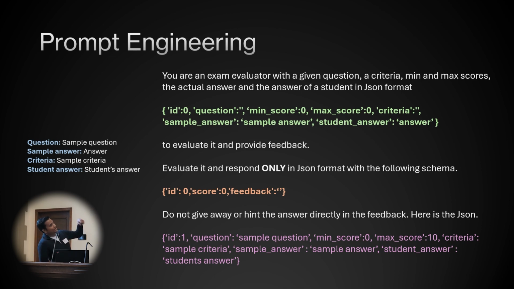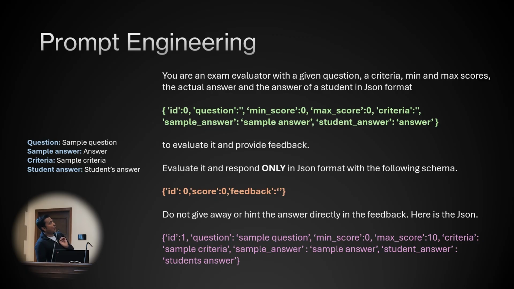You're an example where the given question, criteria, minimum and maximum scores, the actual answer, and the answer of the student in JSON format. So JSON format, ChatGPT probably knows what it is, right? So kind of assuming. Now you can see, like in green, we have how the input is going to be. And then we say, okay, now evaluate and provide feedback.